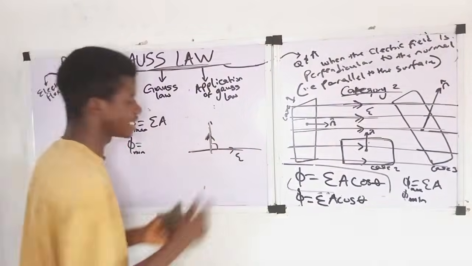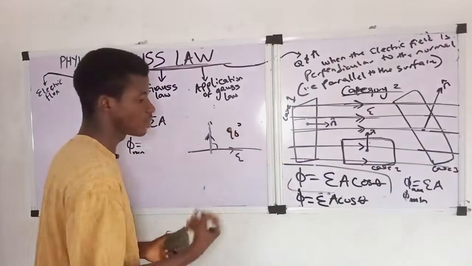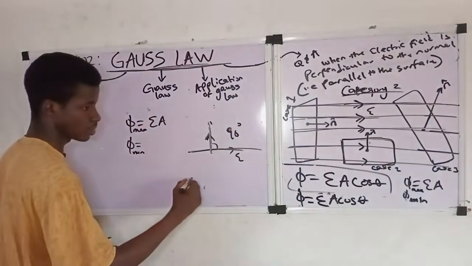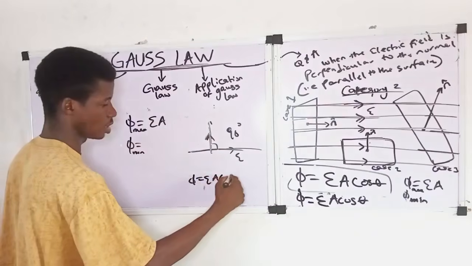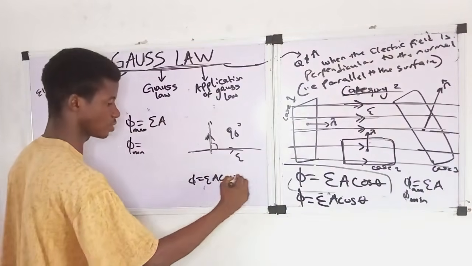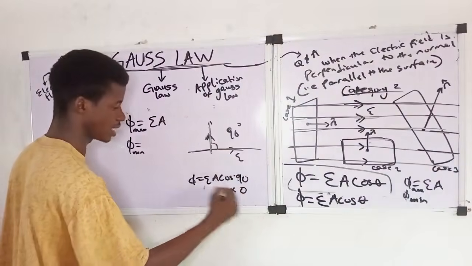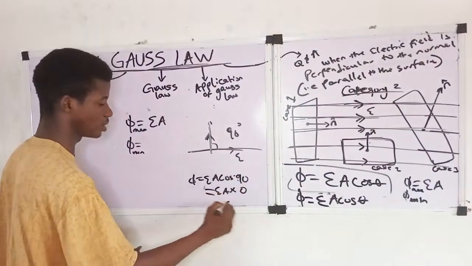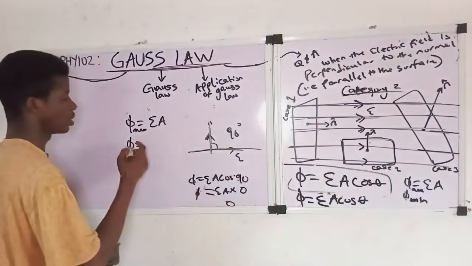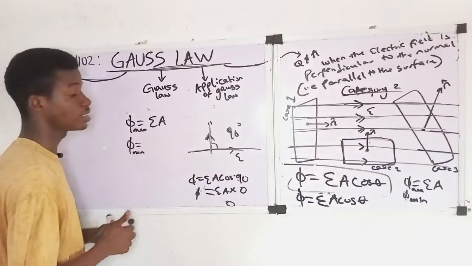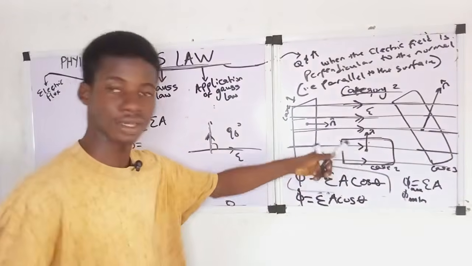Therefore, when it's perpendicular, that is 90 degrees, and cos 90 gives us 0. 0 times EA will still give us 0, so the electric flux is minimal in this second case.